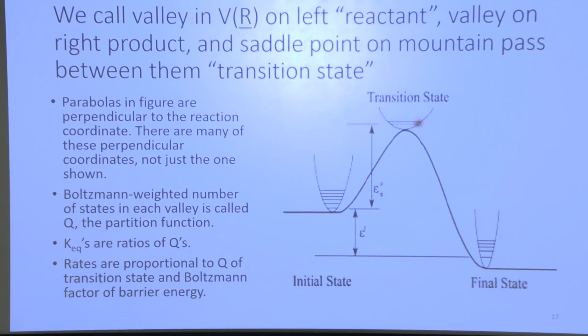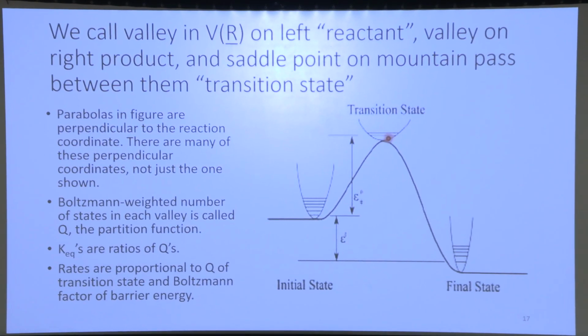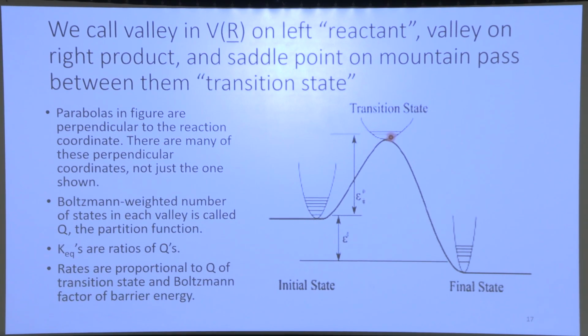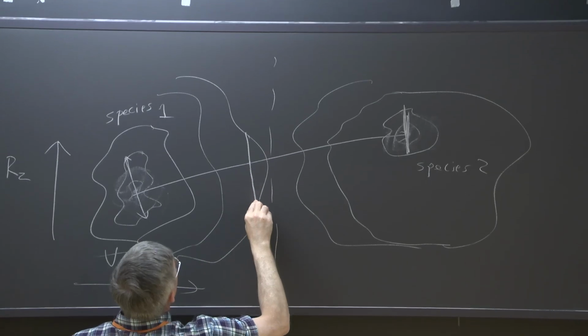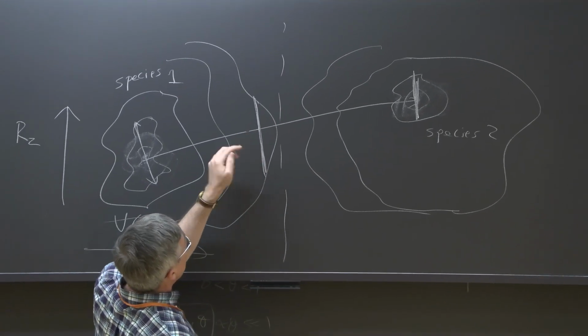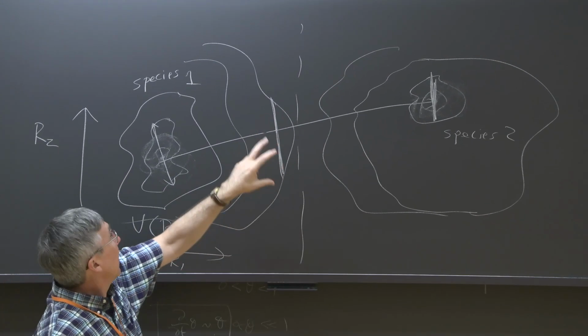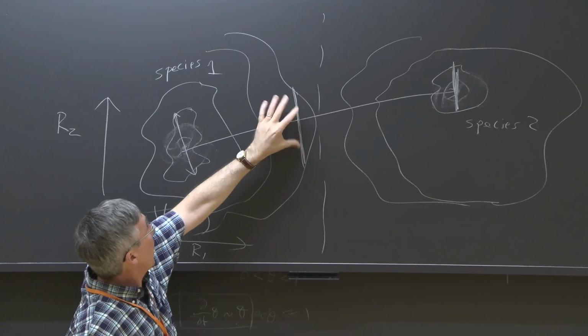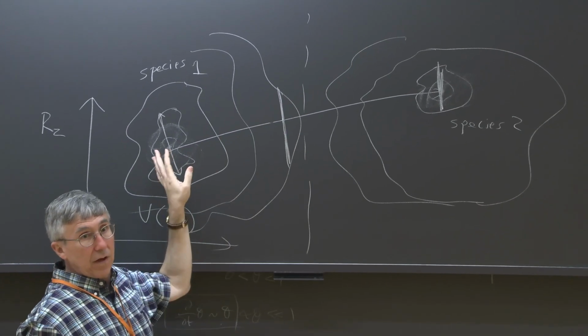And the rates also have to do with the same thing. So as I get to the saddle point, there's still a vibration perpendicular to the motion on the reaction coordinate. And this might be bigger, wider, or narrower than it was in the valley.